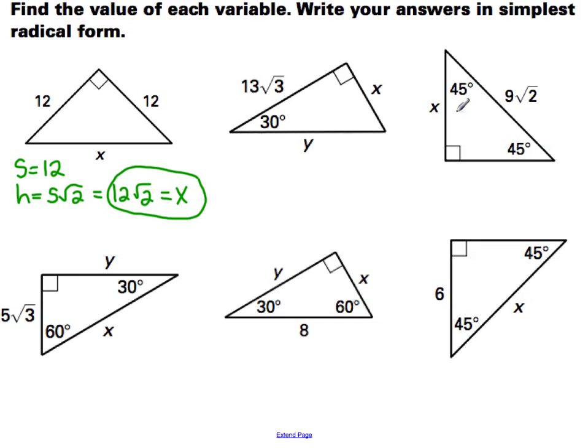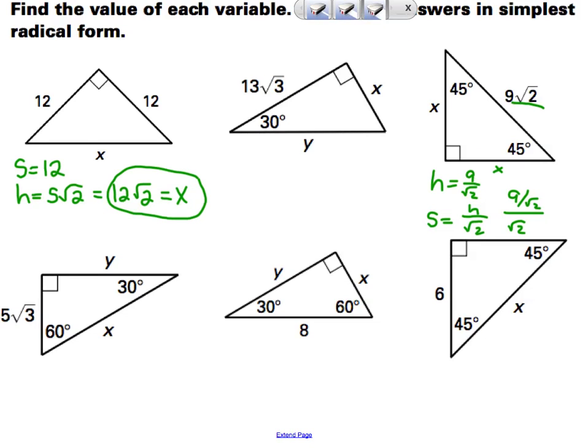Since this is 45, 45, and 90, I know that this side and this side are technically the same. But this time I'm given the hypotenuse. I'm sorry, I totally wrote this wrong.